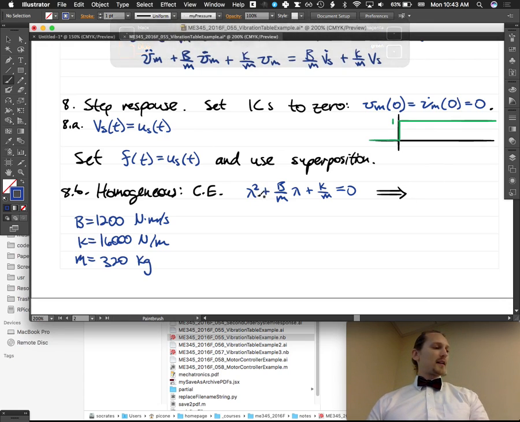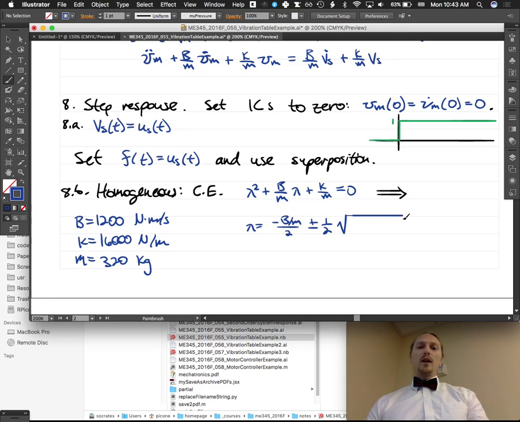It's a quadratic equation, so lambda is equal to negative b over m over 2. I like to split it up into a real and potentially imaginary component, plus or minus 1/2 times the square root of b squared over m squared minus 4k over m.